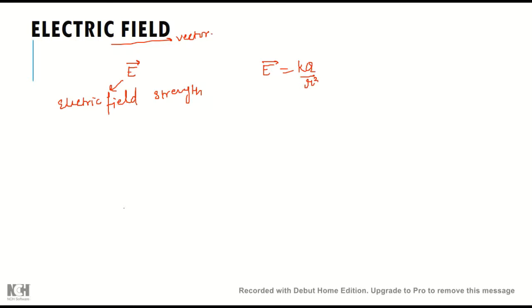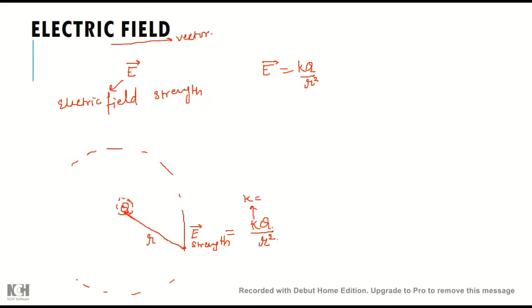Let me make one thing clear: if there is any charge q, then that charge will have a certain field or region around it. From that particular charge, the distance is, let's suppose, r, then the electric field strength will be given by the charge and inversely proportional to the square of the distance between the point we are considering where the electric field is, where the value of k we have already discussed, that is 9 into 10 to the power 9.